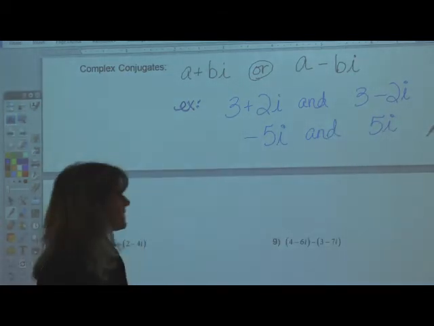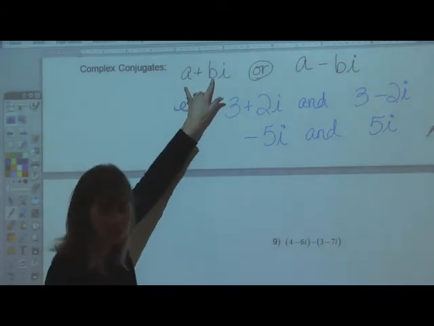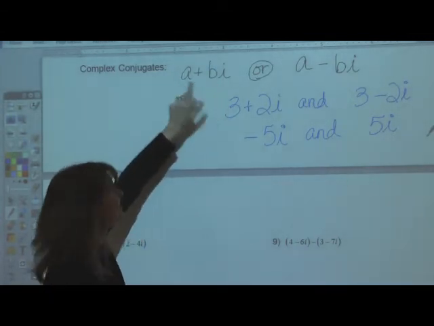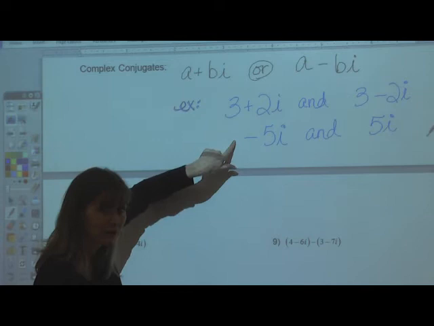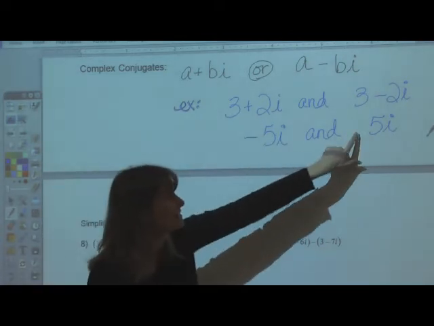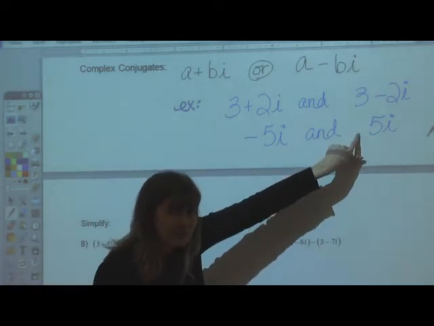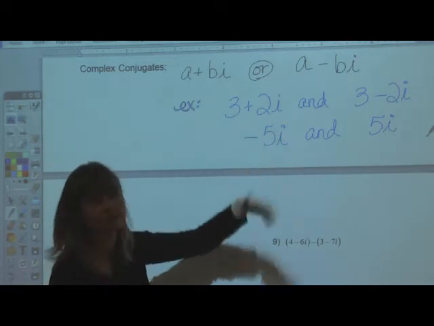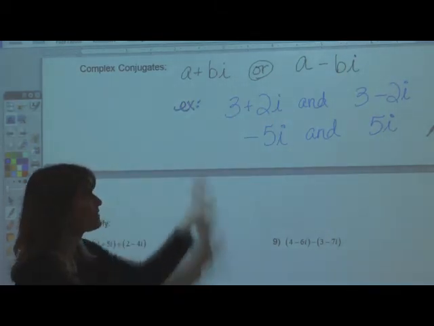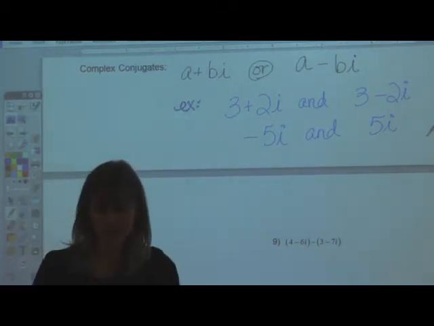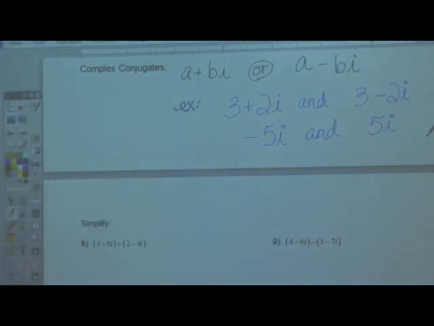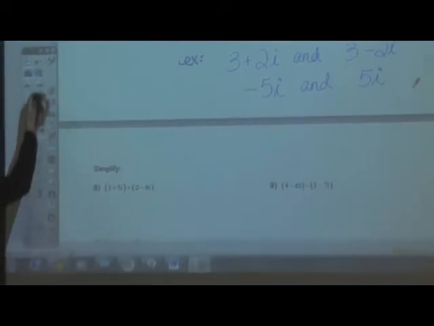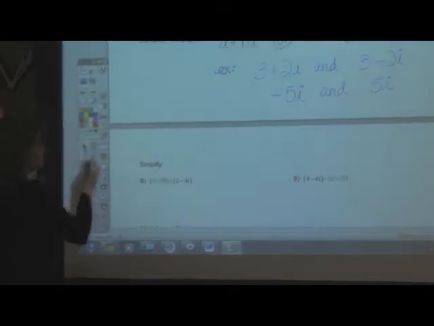Now you might look at this and say, well, Mrs. Martin, that's not in the A plus BI form. Yes, it is. Can't this be a 0 minus 5i and a 0 plus 5i? So technically the A part is 0. And then we can have any modification of that that we choose. So keeping that in mind, let's start simplifying by adding, subtracting.